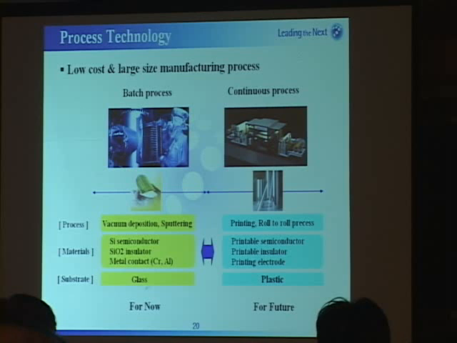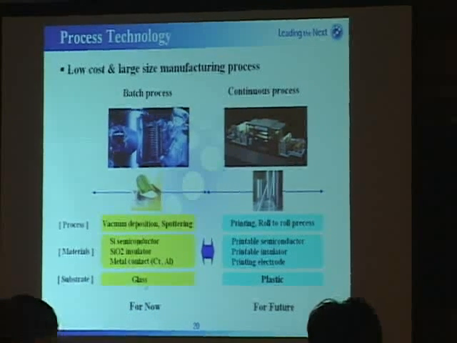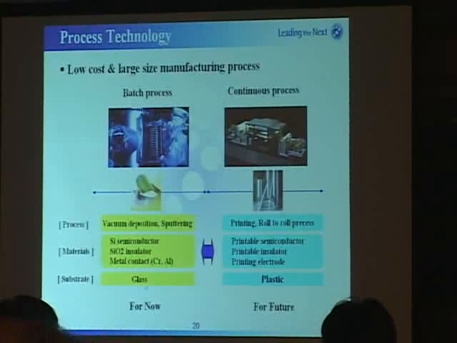On the other hand, in the continuous process, printable semiconductor and insulator materials are coated by printing and roll-to-roll process on plastic films, which can be expected to reduce the manufacturing cost very much.